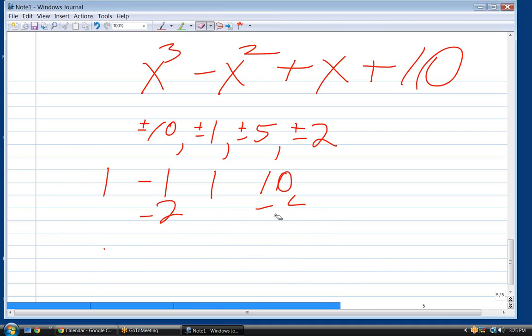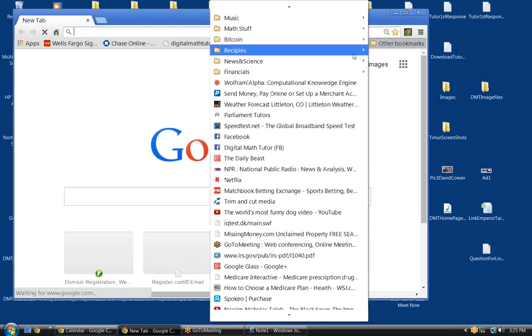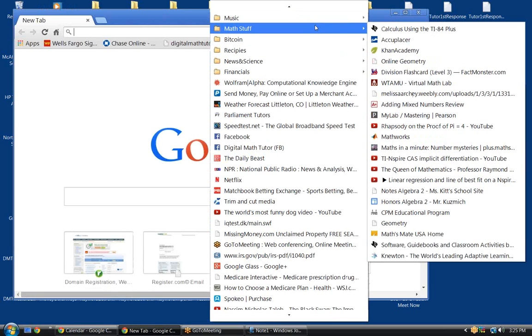Now, since I made this up, I'm not sure any of these are a solution. Let me plug it in real quick to Wolfram Alpha and see what I find for solutions. Hold on.